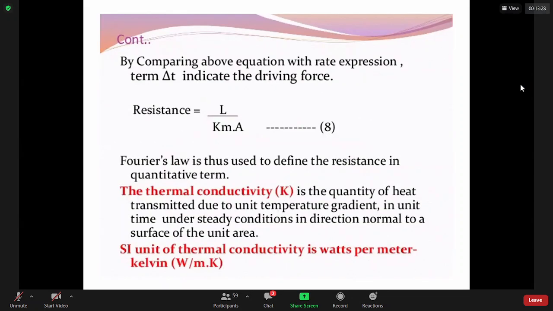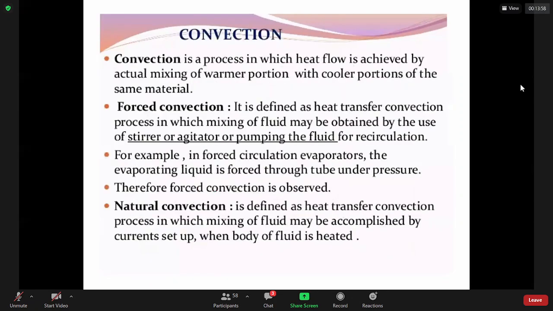So it is 1 unit area, but normal, and the temperature change is 1 Kelvin, and the unit time is 1 second. That gives us the SI units of thermal conductivity in watts per meter Kelvin, which is really very important.